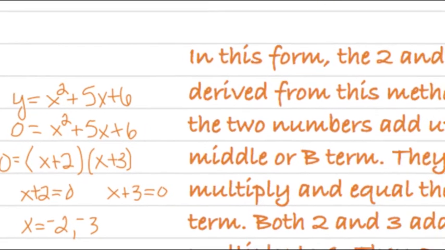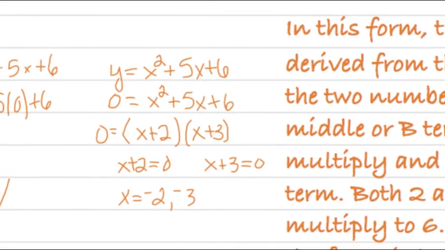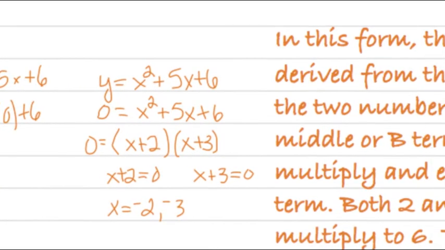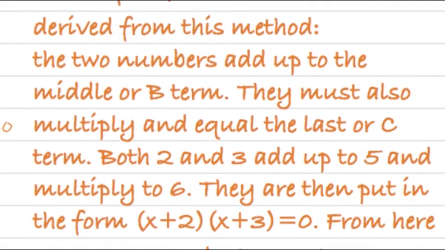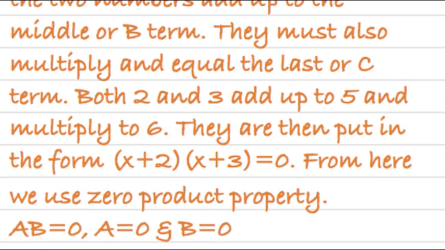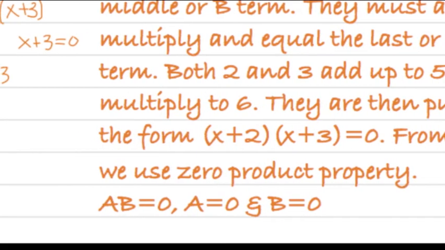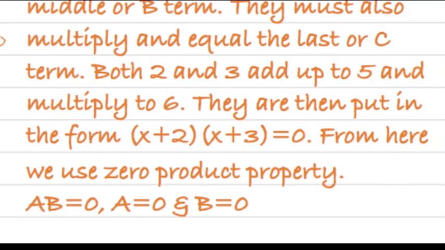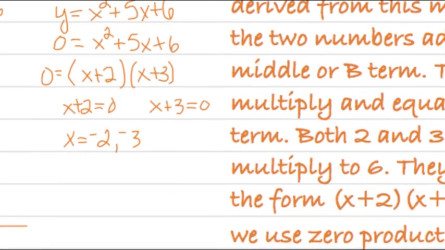So the two numbers, being 2 and 3, must add up to b, which is 5, and multiply to c, which is 6. Both 2 and 3 add up to 5 and multiply to 6. They are then put in the parentheses: x plus 2 times x plus 3 is equal to 0.